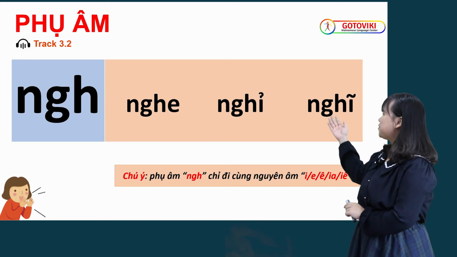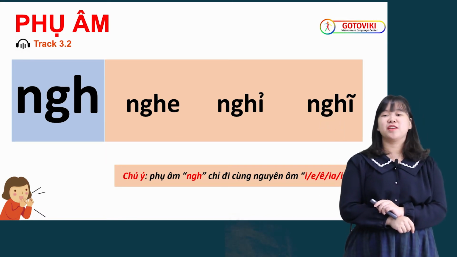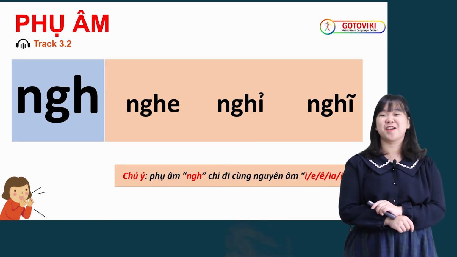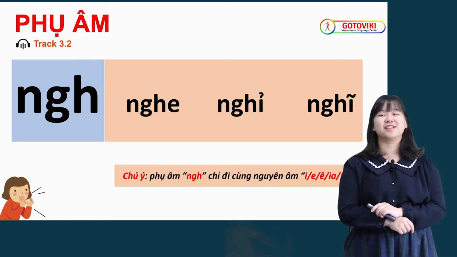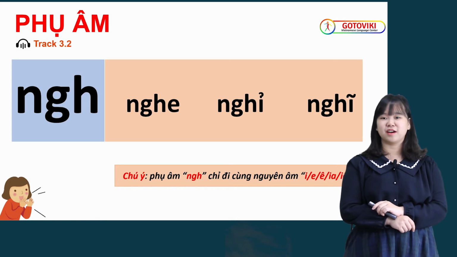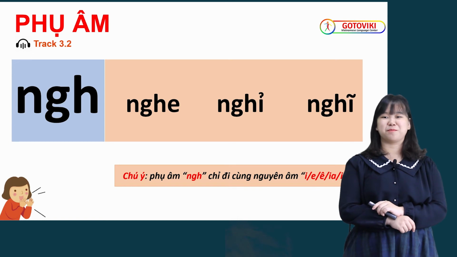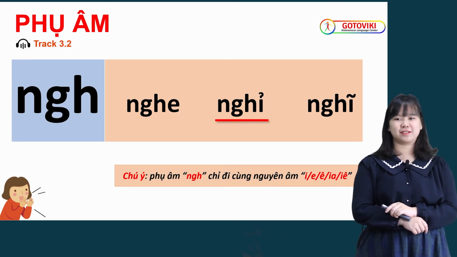The second way to write ng is ng ba. Beside the letters n and g, we have the letter h to create ng ba. And this is also pronounced as ng. Đọc theo mình nhé. Ng, ng, ng. For example, nghe, nghỉ, nghĩ.